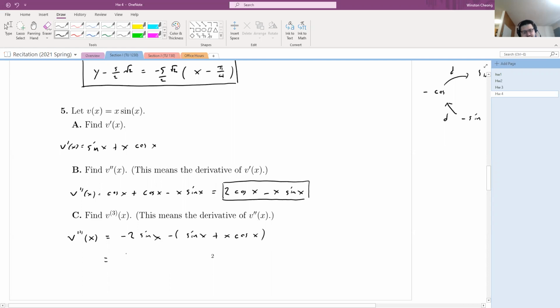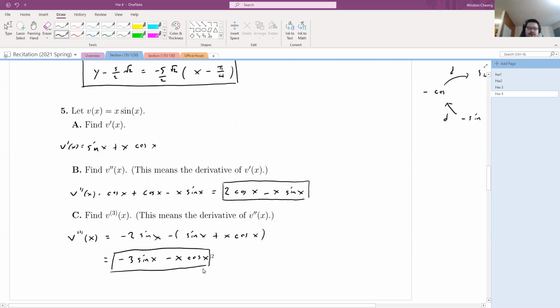And you could leave it in this way, but it's not so bad to just simplify it a little bit. It'll make it look a bit nicer. So minus 3 sine x minus x cosine x. And I think if you wanted to, you could actually see if there is a general pattern of some sort that's going on. Let me box this guy as well.